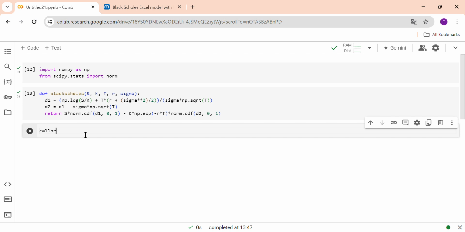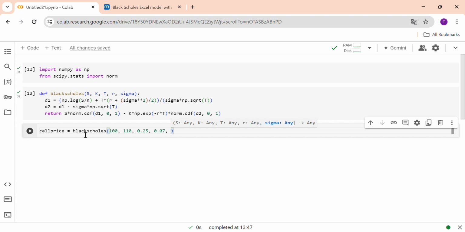So call price is equal to Black Scholes with the parameters. Let us just give the parameters. So basically S as 100, strike price K is 110, maturity period is 3 months, so basically 0.25 years. The risk free rate R, let us have it as 7%, so 0.07.